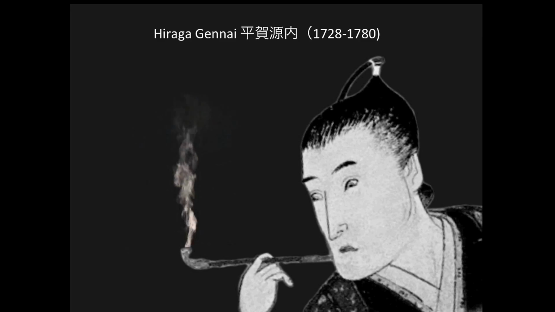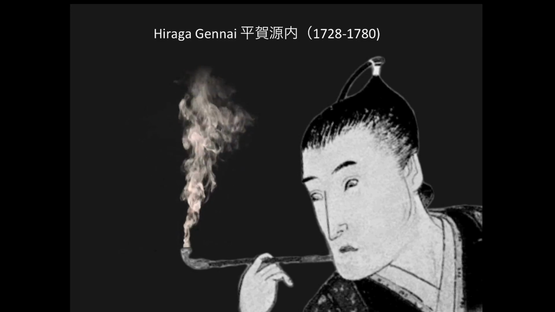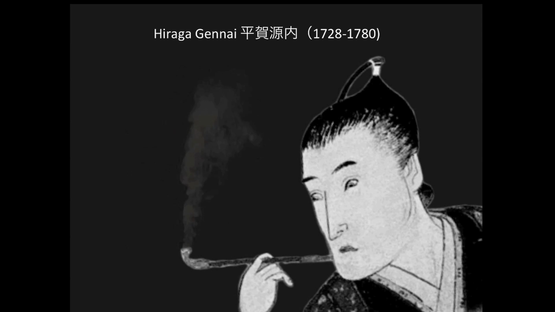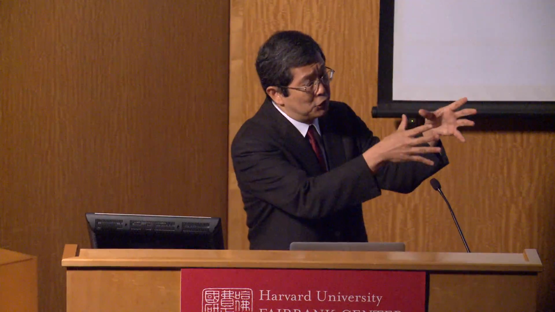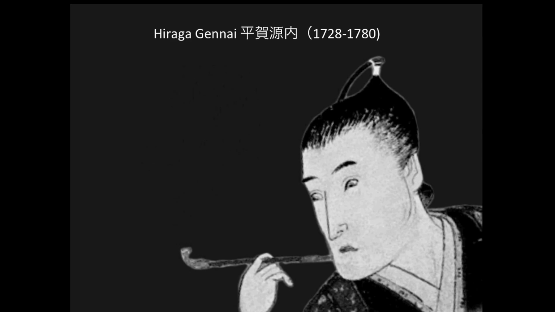So we've been talking about anatomy the last 2 days, but I want to bring up 2 other sciences, one briefly, the other a little more in detail, that appear around the same time that the original anatomy book comes to Japan. 3 books were bought by a person named Hiraga Gennai, one of the heroes of Japanese natural history.